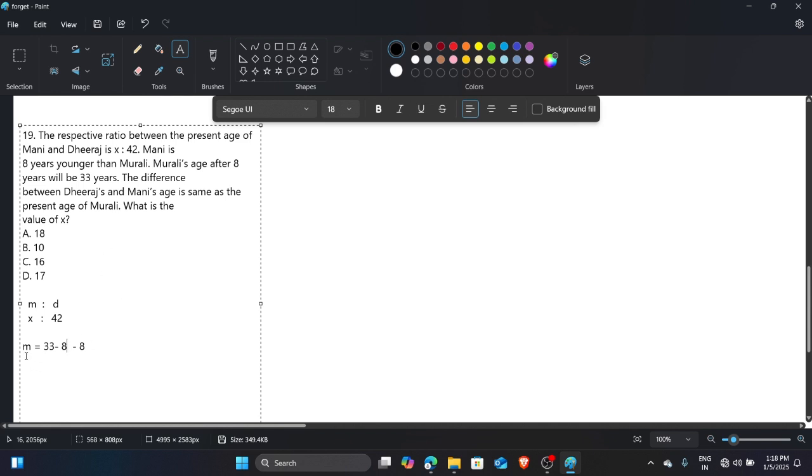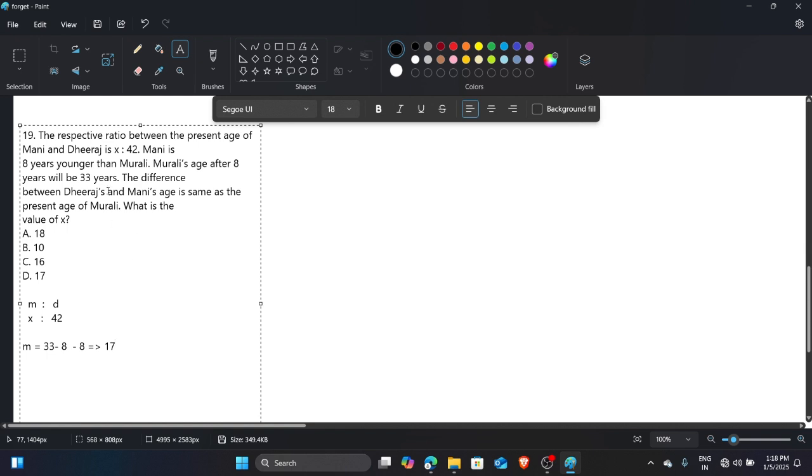So from there we get the Mani age. Okay, so what is the Mani age? 60 minus 33 is 17, I think.